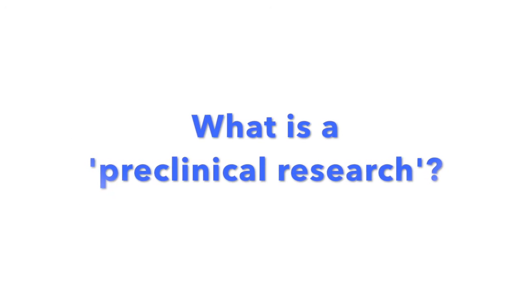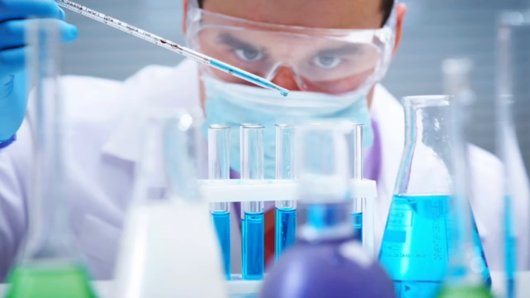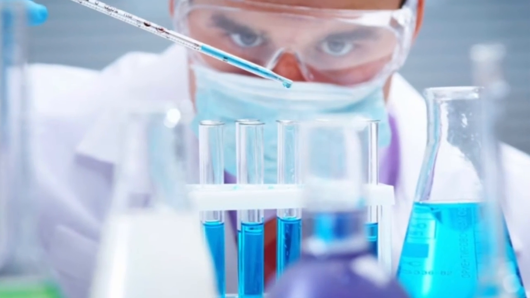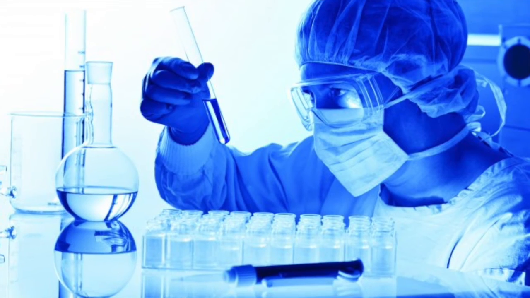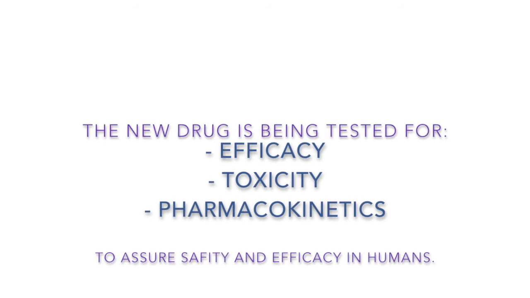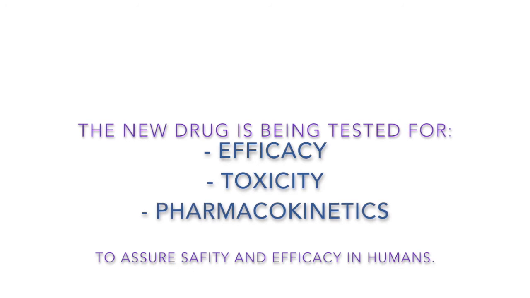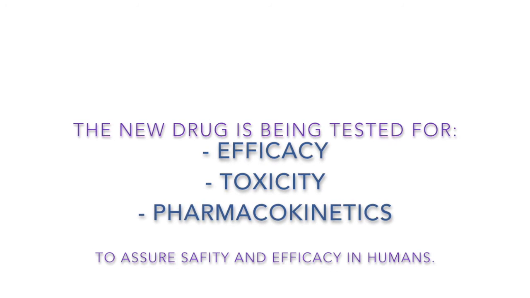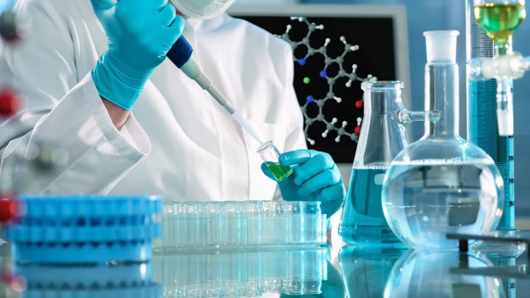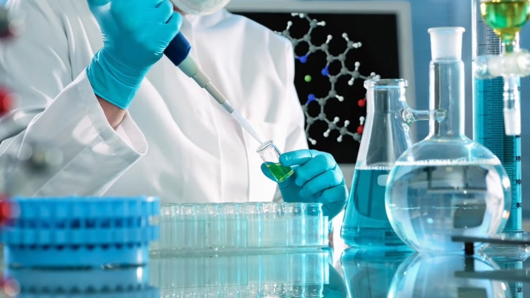What does preclinical research mean? Before a new drug candidate justifies a path into clinical trials, the efficacy, toxicity, and pharmacokinetics of the new drugs are tested in animals and human tissue cells for assuring the safety and efficacy of the drugs in humans. These preliminary studies are called preclinical research.